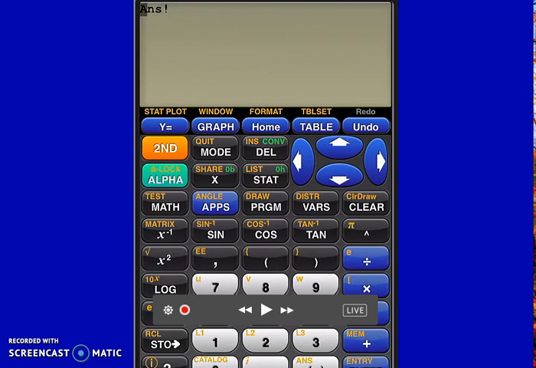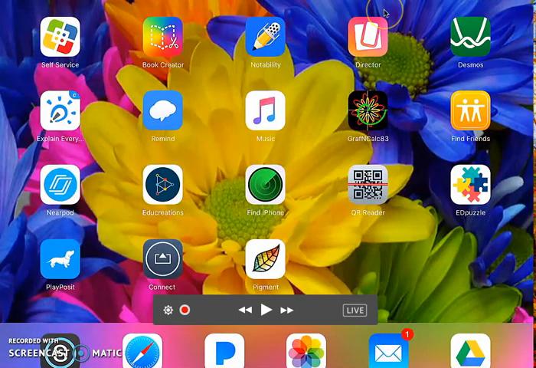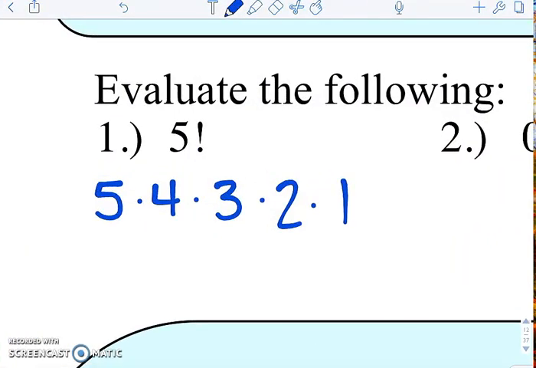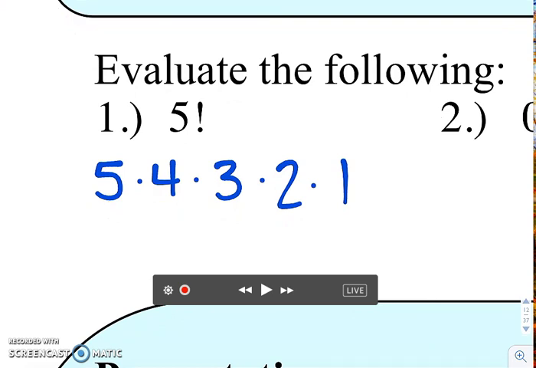Now I needed to type in 5 first. So you would do 5 factorial equals, if you do 5 times 4 times 3 times 2 times 1, you should also get 120. So 5 factorial is equal to 120.